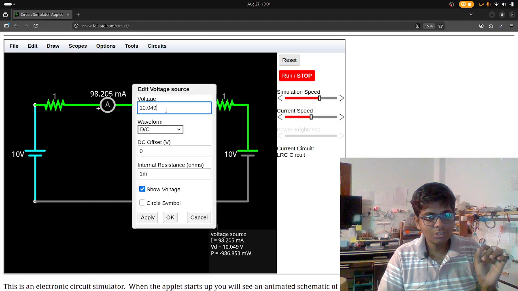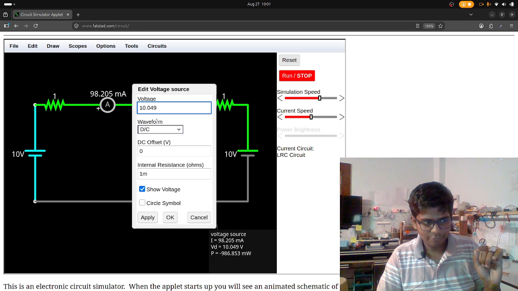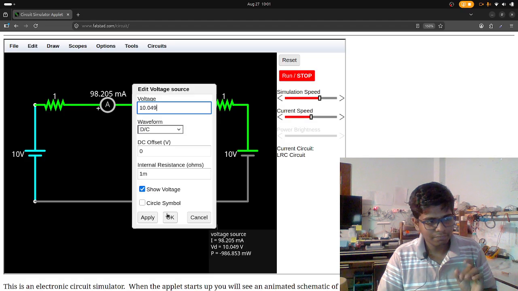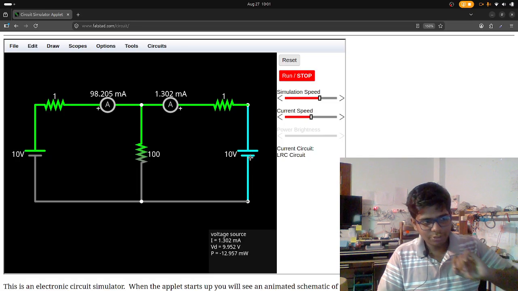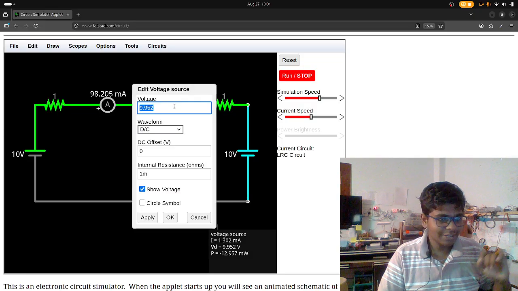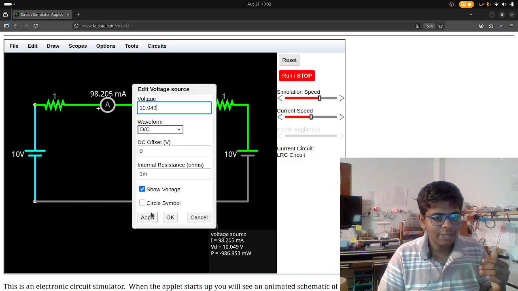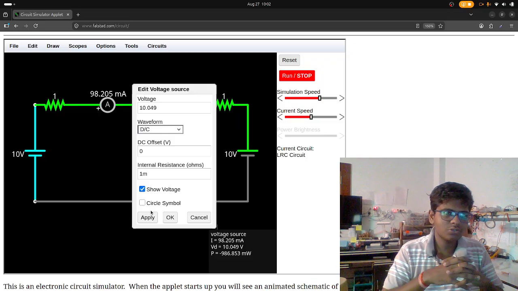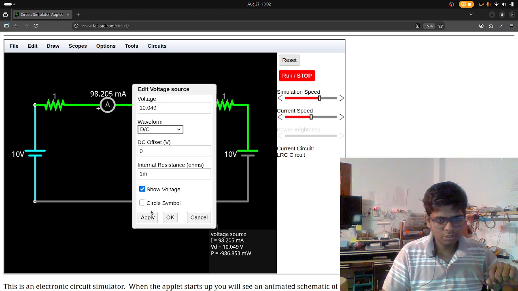The left hand source has 0.05 volt higher than 10 volt, and the right hand side voltage source is 0.05 volt less than 10 volt, which is a very low voltage difference.